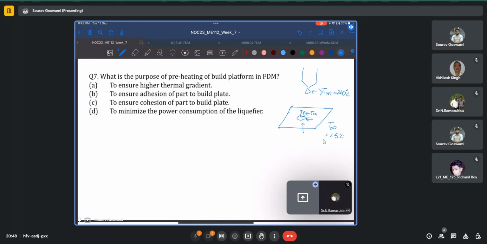Because of this very high thermal gradient, that is the change in temperature over a very short distance, certain effects will come into the picture, which will actually influence the deposition microstructure, the physical properties, the quality of build, among other things.